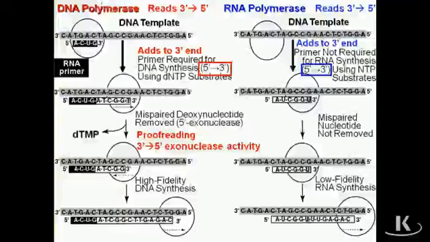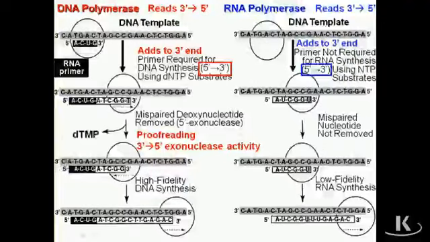You see, DNA polymerase is a smart enzyme. It might be conservative, it might be shy, but it's very smart. Why? Because it has proofreading activity. What that means is that as it's chugging along, reading the template from 3' to 5', synthesizing a product from 5' to 3'.